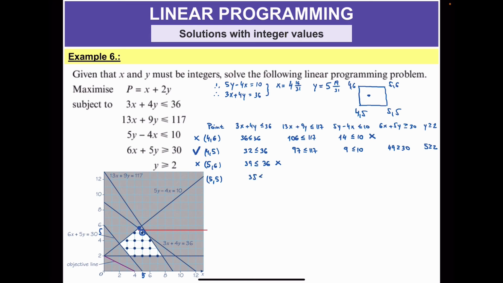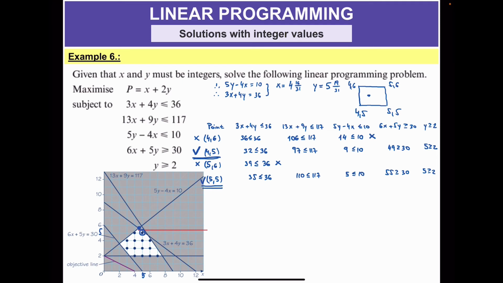So in this case, I would have 35 is less than 36, then 110 is less than 117, which is satisfied, then 5 is less or equal to 10, 55 is greater or equal to 30, and then the last one is 5 is greater or equal to 2. So this point is also okay. So I have this point to choose from or this point to choose from.